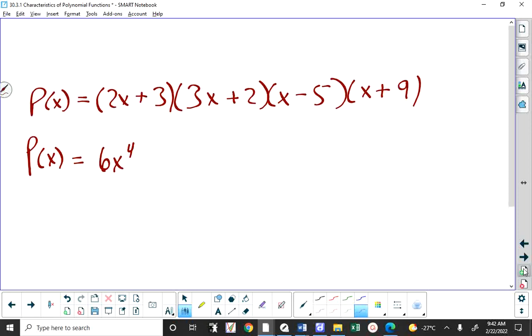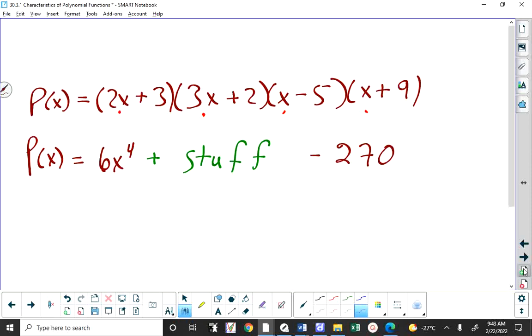I'm multiplying all of these highest degree terms in all of the factors. You're going to get stuff, and then you're going to have minus 270. So a couple of questions.